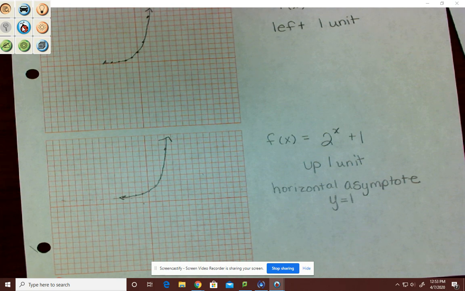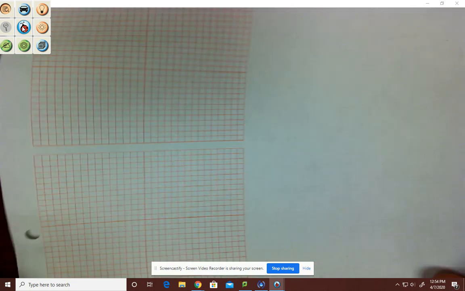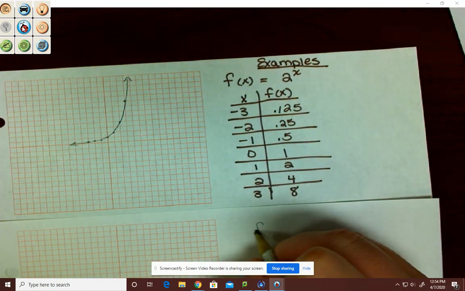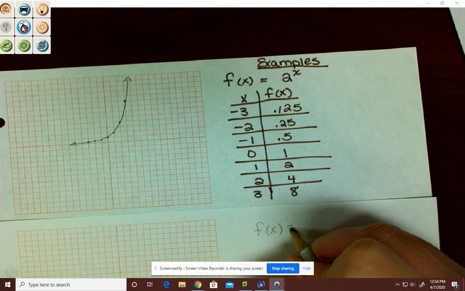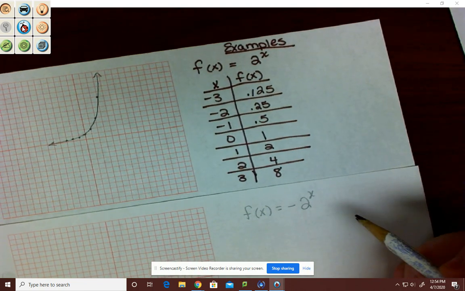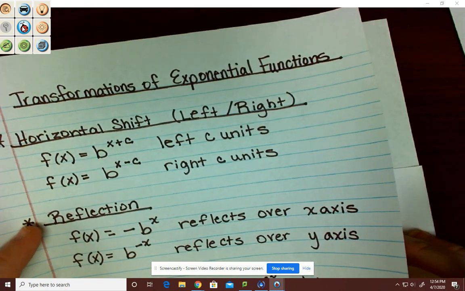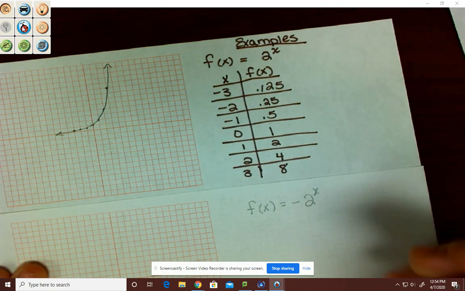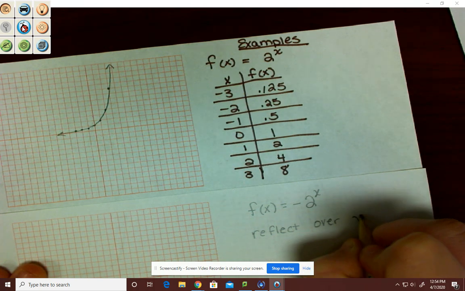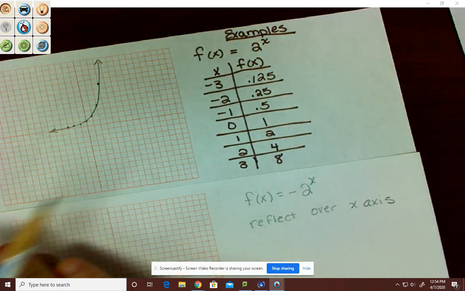Okay, and now let's look at one more example. Alright, so this negative here that is on the outside means that it's going to reflect it over the x-axis. So this is the x-axis, so it's going to flip it this way.